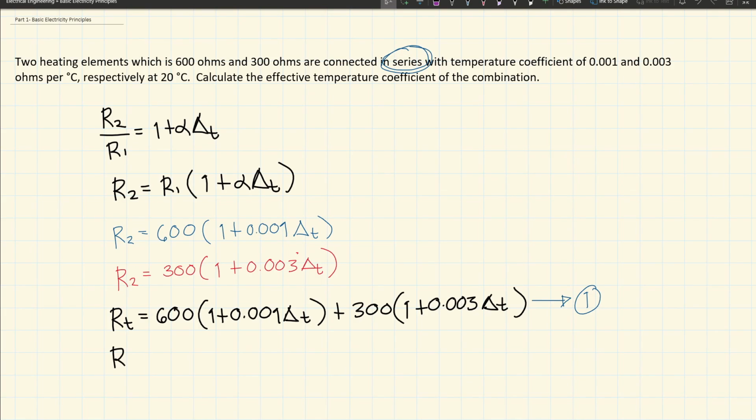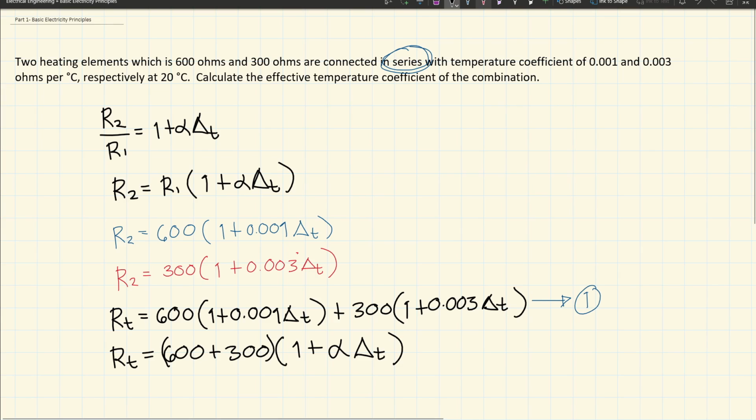Also, our R total is equal to 600 plus 300 times 1 plus alpha delta T. This will be our equation number 2. Now let's equate equation 1 and equation 2.